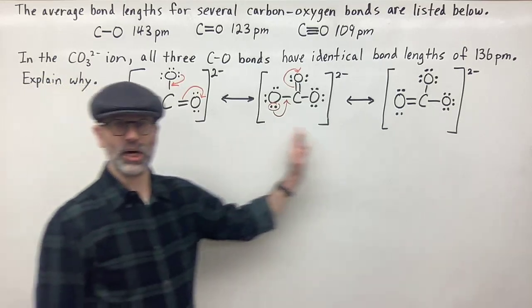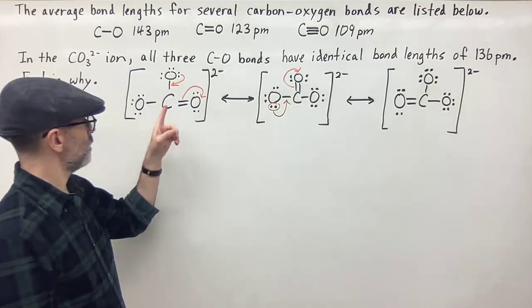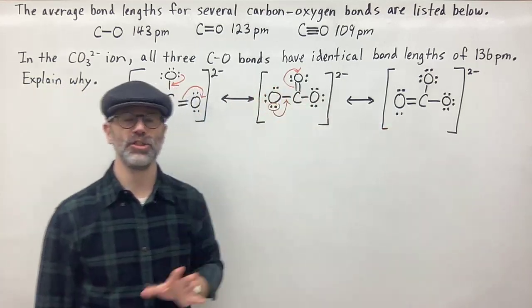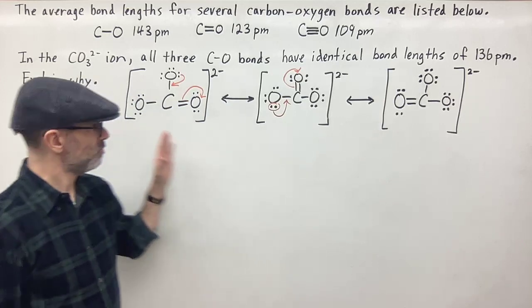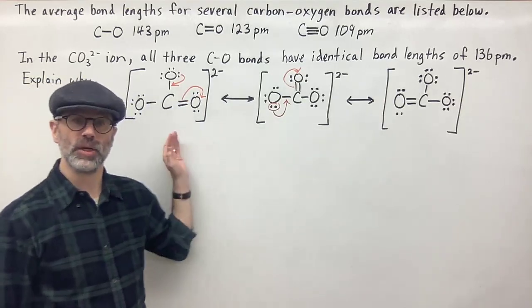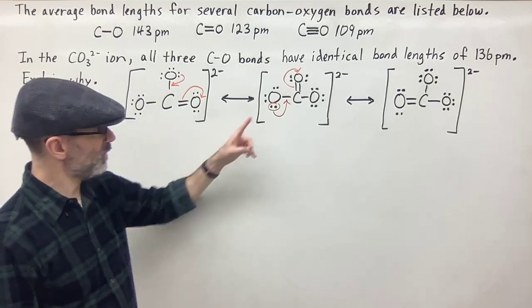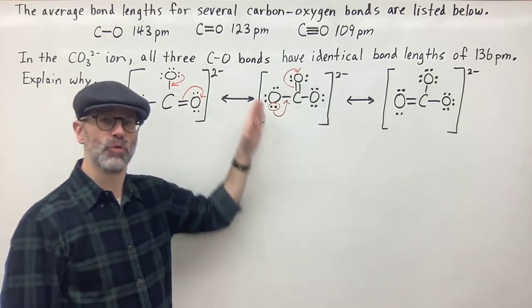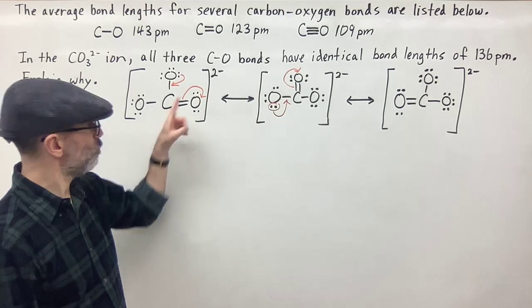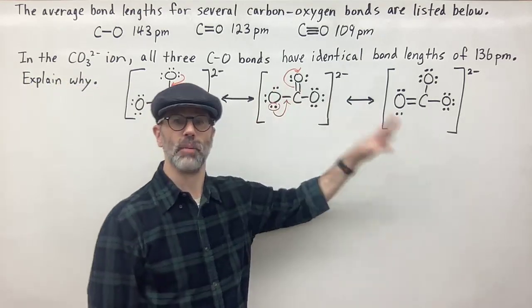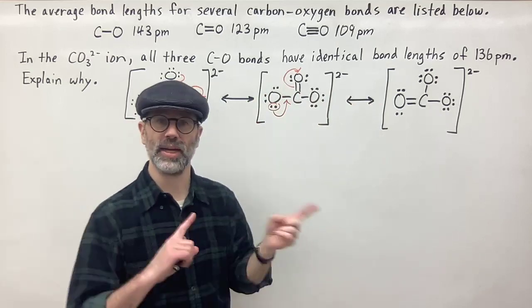Now, you'll notice this double bond could be here, it could be here, it could be here. I want to stress that this is not really what's going on with the molecule. This double bond is not moving around. We're not moving electrons. This double bond is not going from one carbon to the other. It's not fluctuating like that.